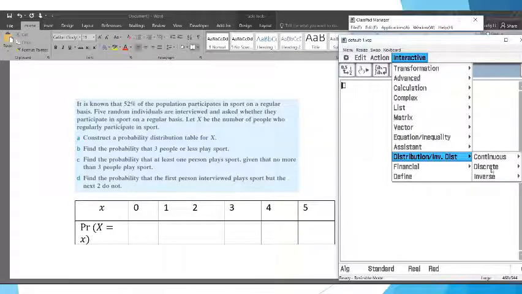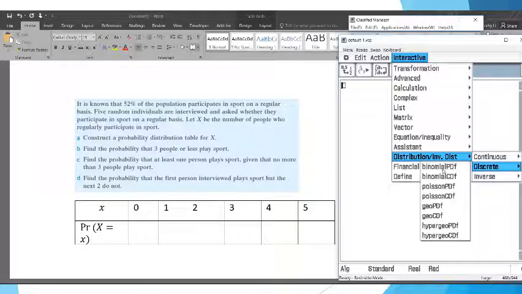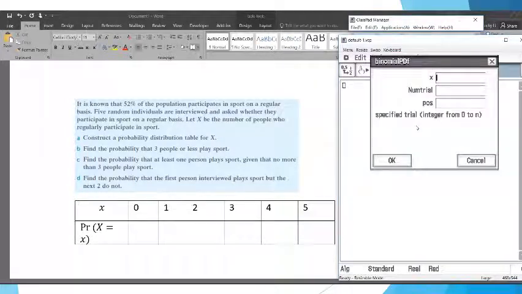Because we just want specific values, not a set of values, we want discrete. So there's binomial PDF and CDF. PDF is for specific values, so if you just want one person, you'd use PDF. If you want multiple, say like 1 to 3 people, then you'd use CDF. So we want PDF.